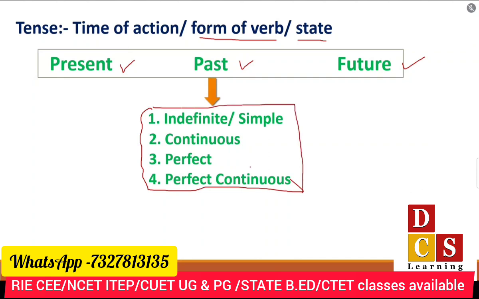In all these three, these four parts are there, like simple present, present continuous, present perfect, present perfect continuous. Similarly, these four are in the past also, and these four are in the future also. So altogether, 3 into 4, you have to read 12 varieties of sentences.